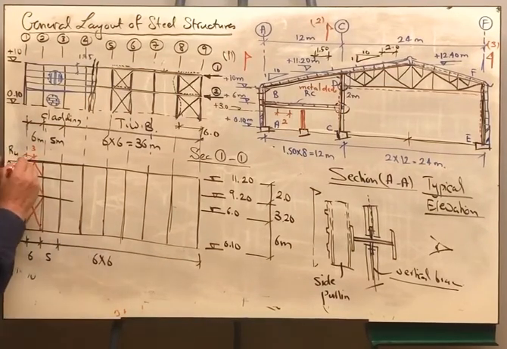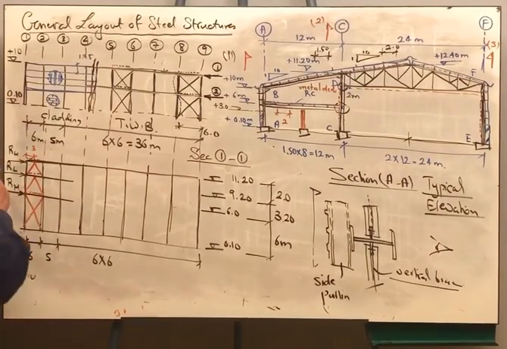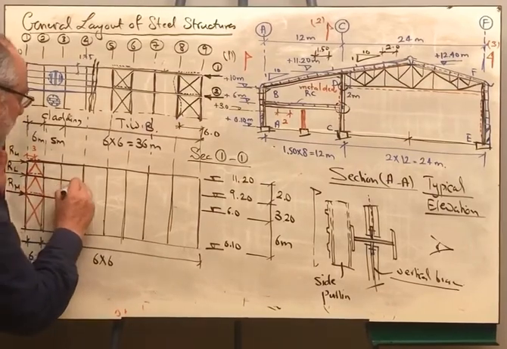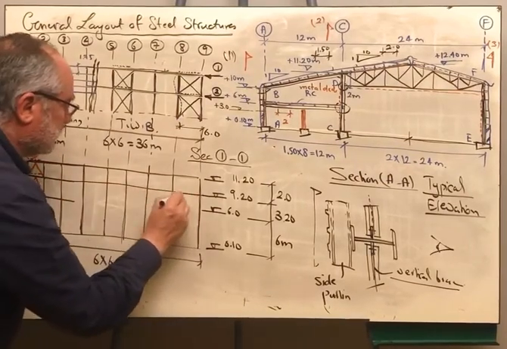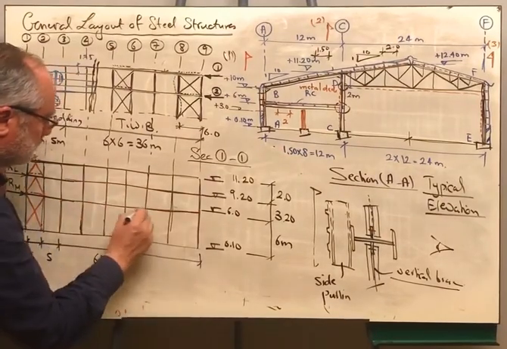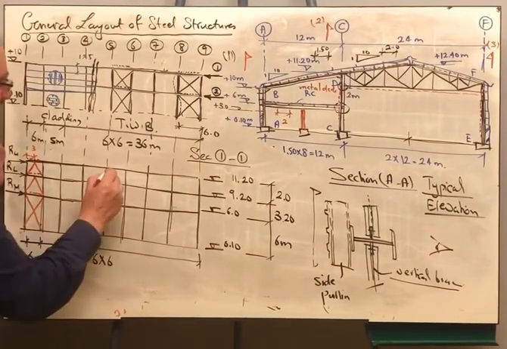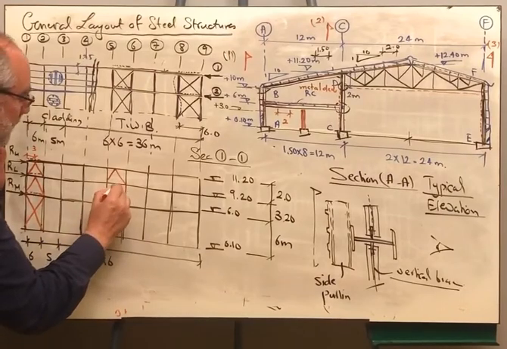I will have to indicate that we are having upper bracing, lower bracing, and a bracing with the level of the mezzanine. And I will continue that like this. And we are having a bracing system after axis 5.